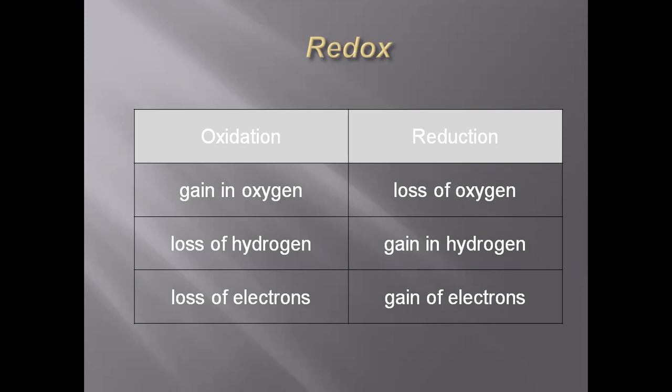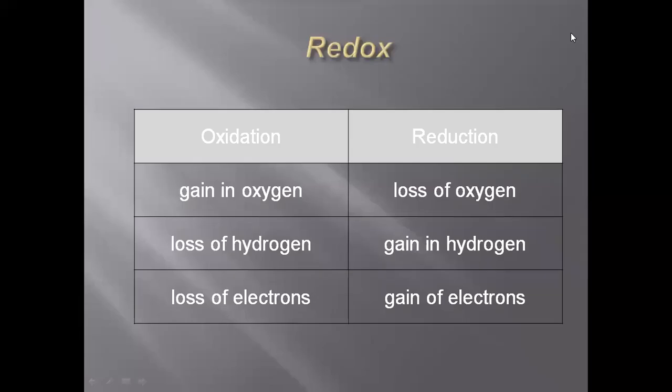So losing of electrons causes oxidation, gaining of electrons is called reduction. Clear? On the basis of these three definitions, we discriminate between the reduction process and oxidation process.